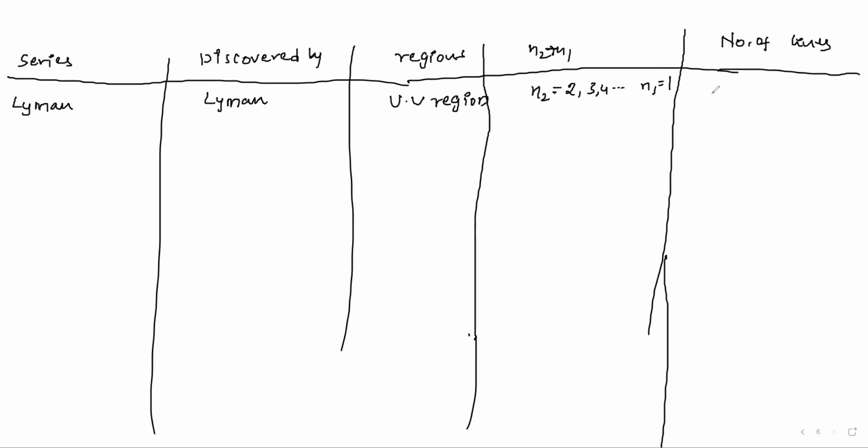The number of spectral lines is n2 minus 1. If n2 is 3, the number of spectral lines is 2.